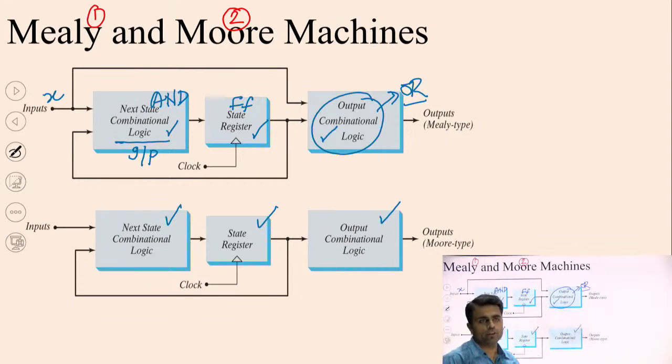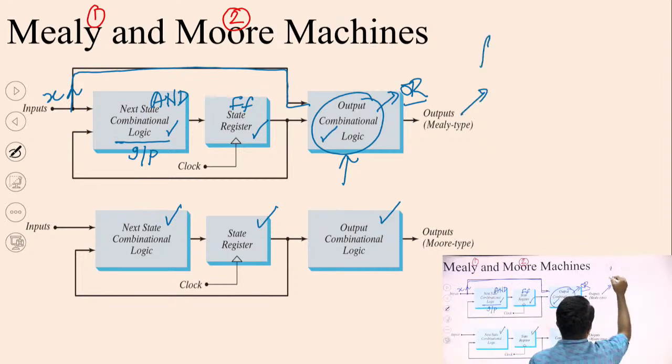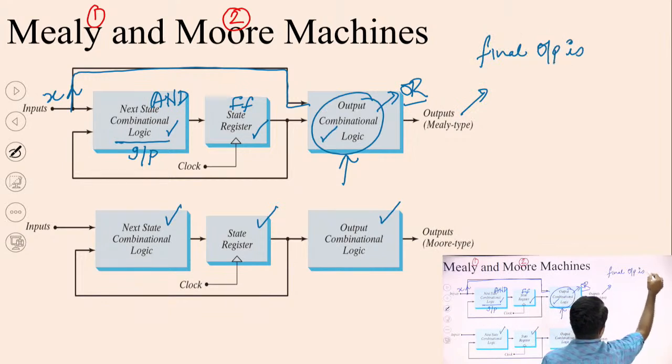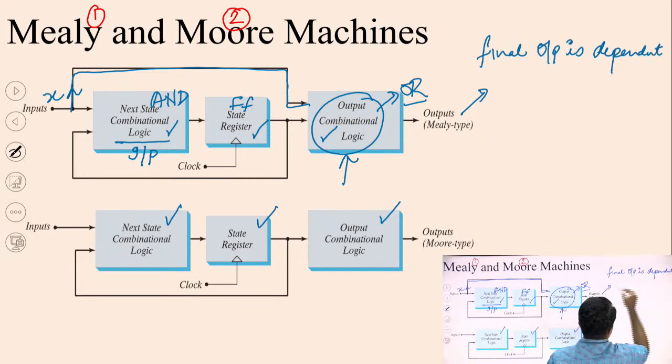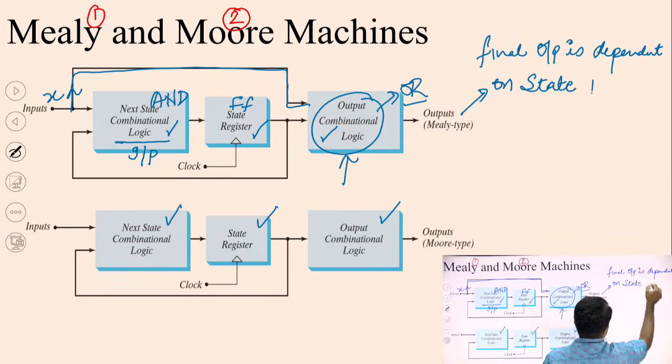The only difference between Mealy and Moore is whether the final output is also dependent on the external input. In Mealy type, the final output is dependent on state plus external input.